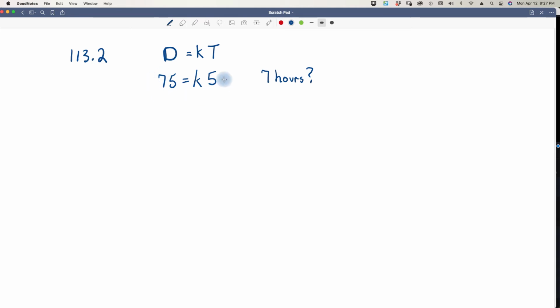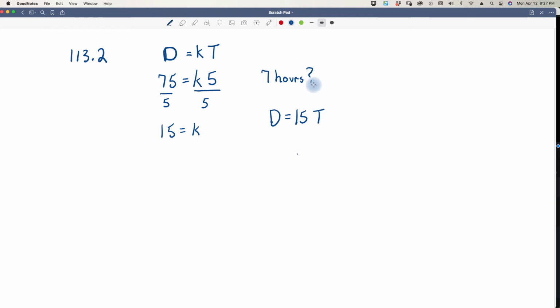So first we have to figure out our constant, okay? And we just divide both sides by 5. And that gives us 15 equals K. So now we can sub in 15 for K in our original problem. So D equals 15 times T.